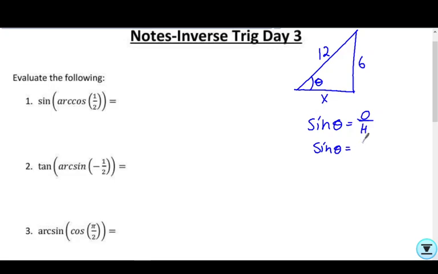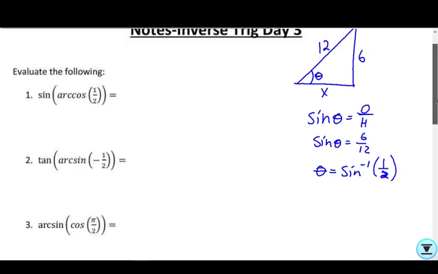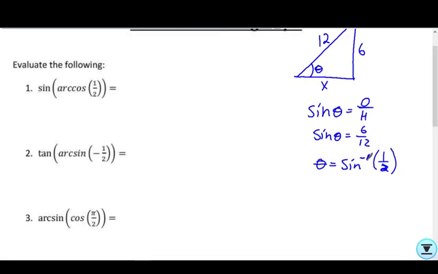Sine theta is 6 over 12. And then we had to solve for theta. And what we would do is we put theta equals sine negative 1 of 1/2. Okay? When we were doing this, we were doing our inverse trig, and we just plug into the calculator, and we'd find that theta was 30 degrees or pi over 6.